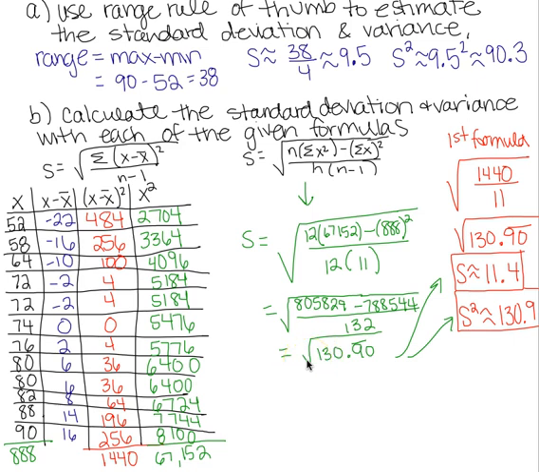Also, I will tell you that on the quiz on this section, I will write these 2 formulas on the board. You do not need to memorize these. That is excessive. So you just need to know how to use it and to somehow show your work. So now we've got the more accurate standard deviation and variance as opposed to our range rule of thumb.